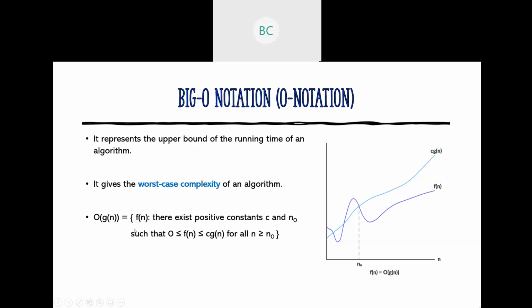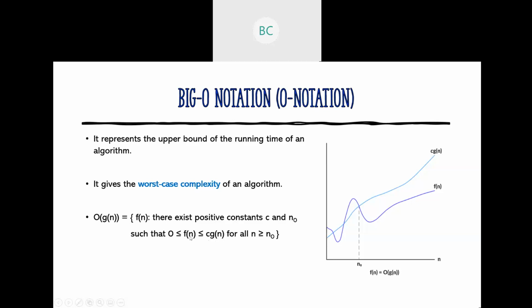Big O notation you can define using this equation. You can say big O of a function Gn is equal to another function Fn such that there exist positive constants C and N naught such that Fn is less than or equal to C into Gn, and also greater than 0.